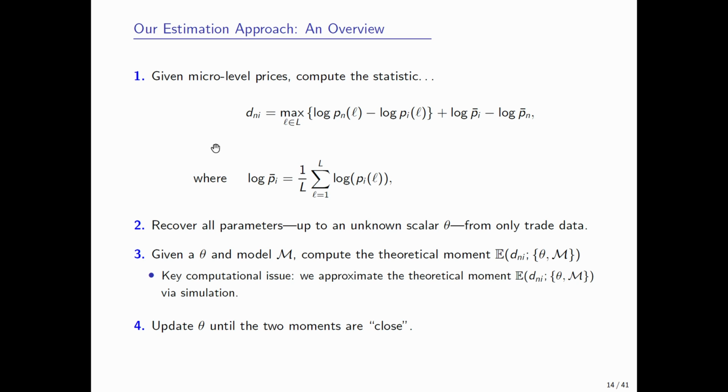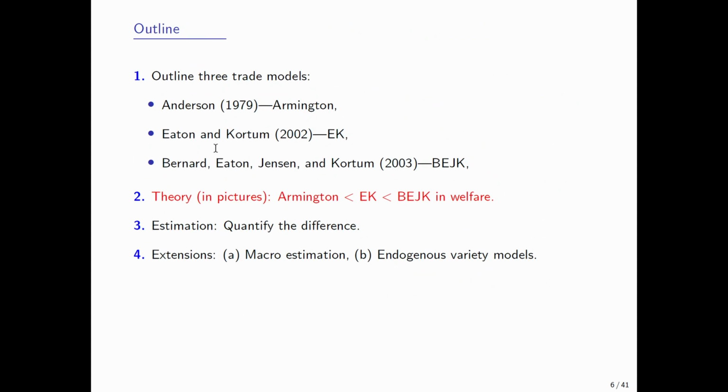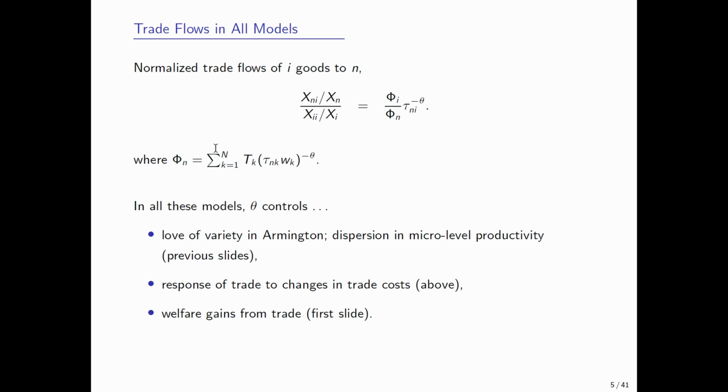Now, if you have defined this statistic, D_NI, the methodology works as follows. We will be recovering all the parameters for the model up to an unknown scalar theta from trade data only. What do I mean by that? If you go back to what I showed you at the beginning, this equation here, I can run a gravity equation of trade, and I can get all the parameters that I need in order to simulate the model.